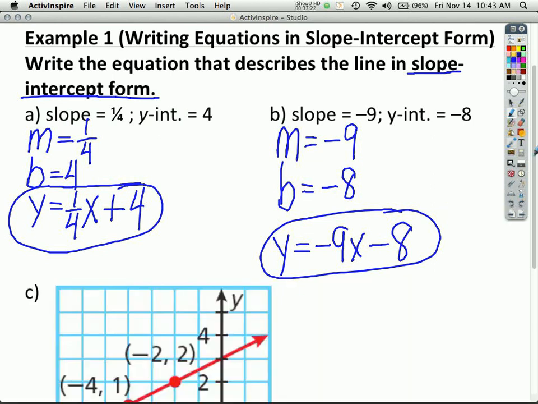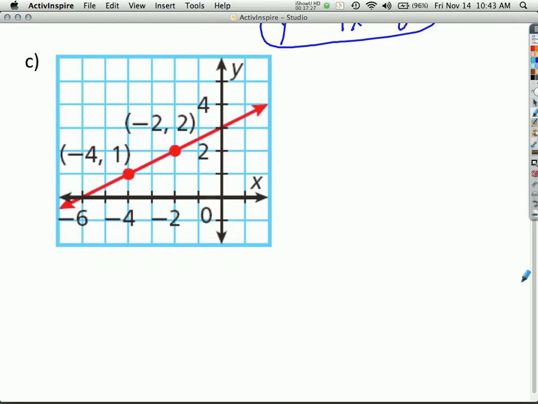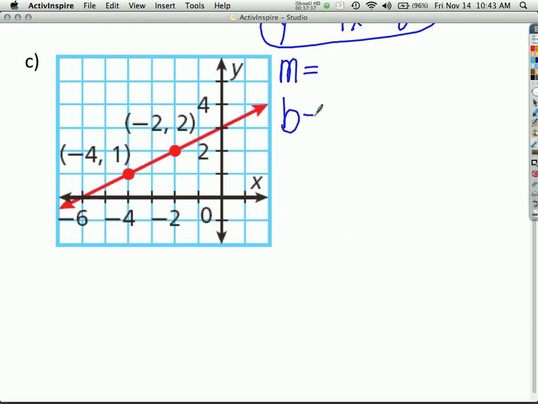And here's what's next. So now, write an equation in slope-intercept form from this graph. You don't have to draw the graph, but what you do need to write down is the key that we just practiced 2 times. M equals, B equals, and Y equals.